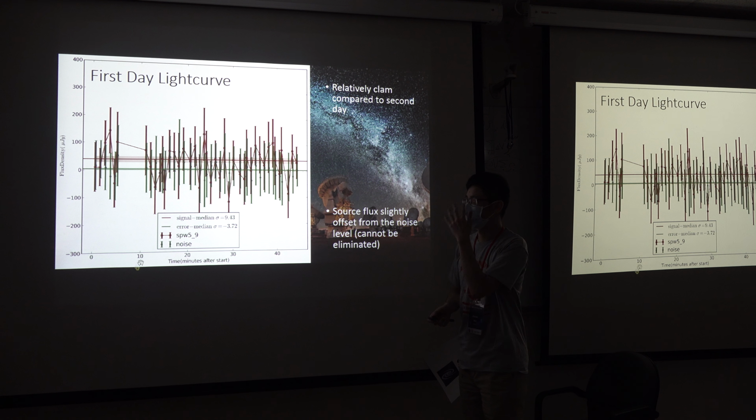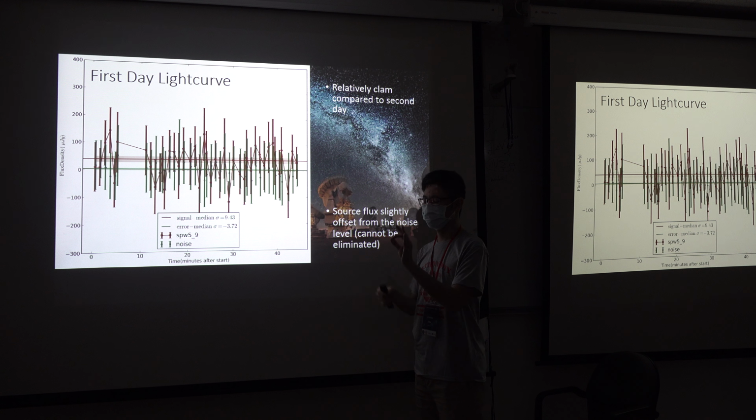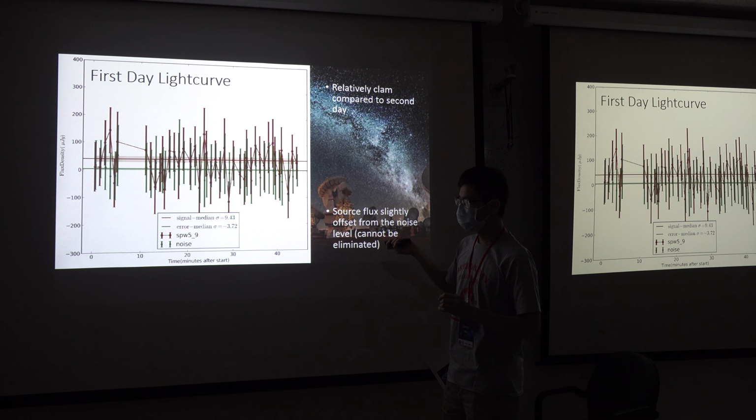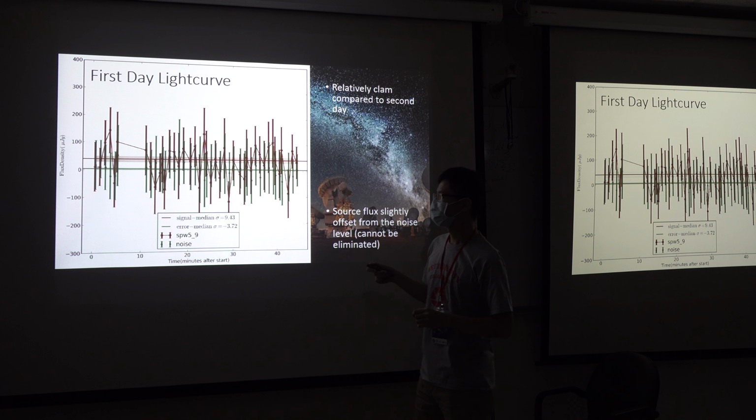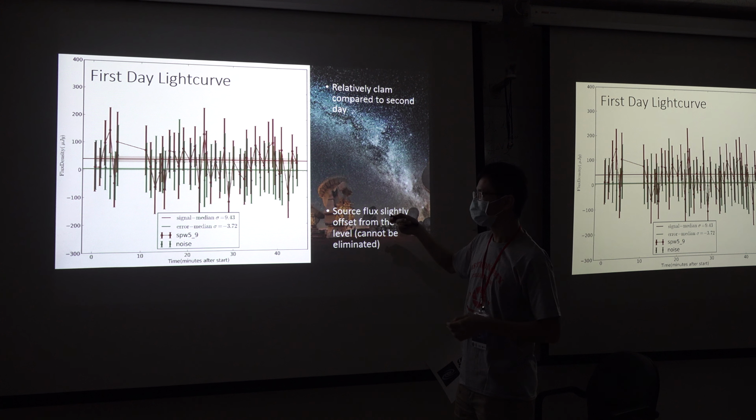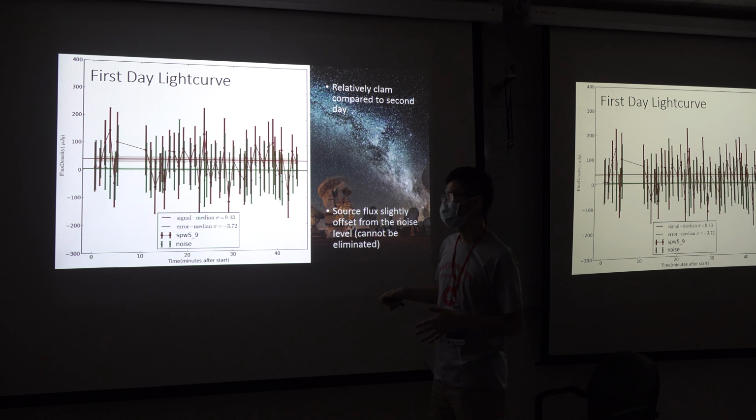So this one is the first day light curve. You can see the red data points here are the flux density from the green ellipse in the figure previously, and the green data points here are the noise level, and you can see there is a slight offset of the median of the data points that cannot be eliminated.